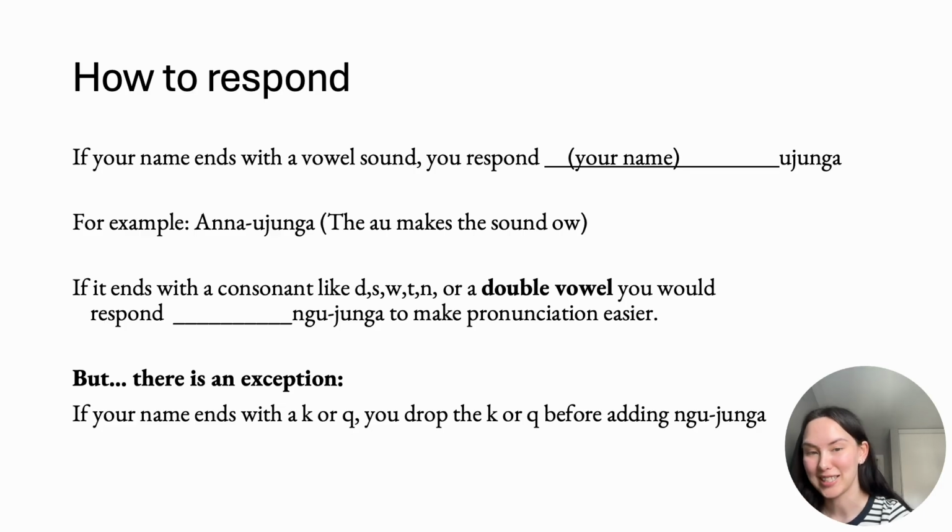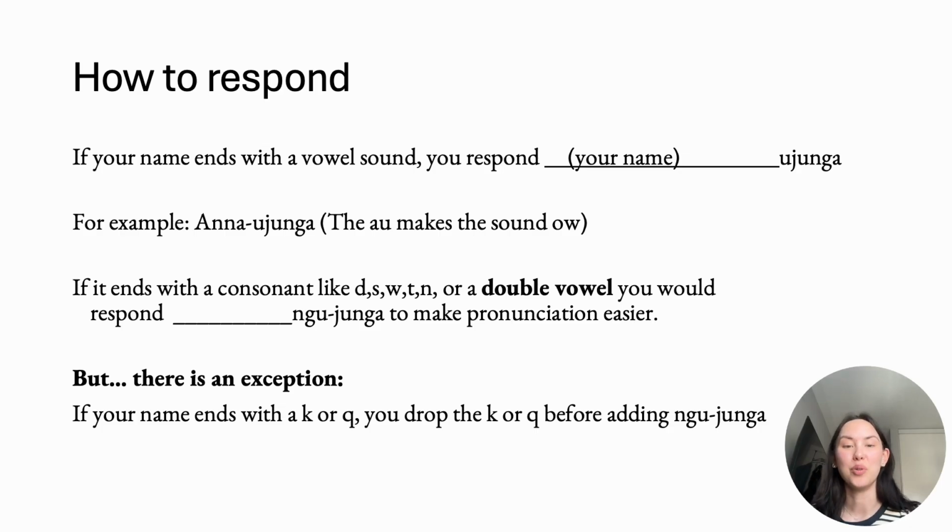So that's the exception to the uyunga, because you can't go three vowels in a row. It would be like Augat Na uyunga. It doesn't really sound too good. So instead you would say Augat Na nguyunga. Another example, so Patricia ends in a vowel sound. We could say Patriciao yunga.